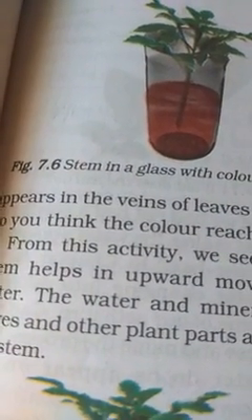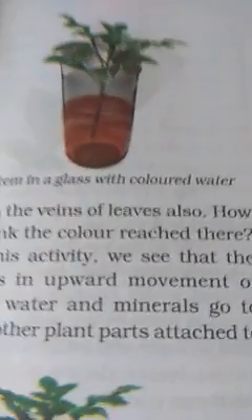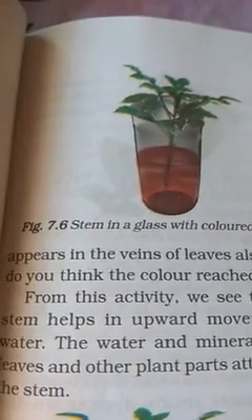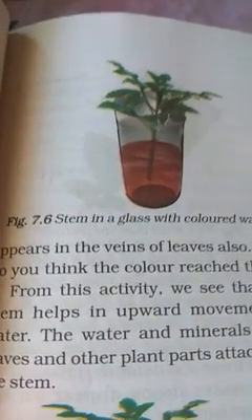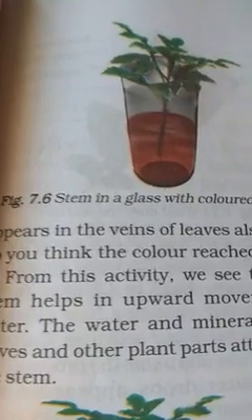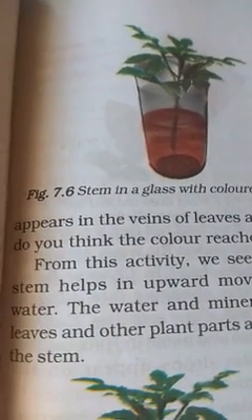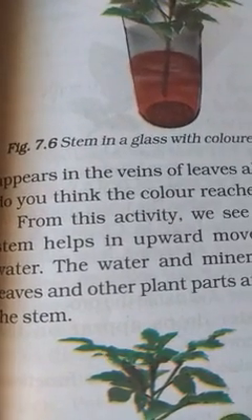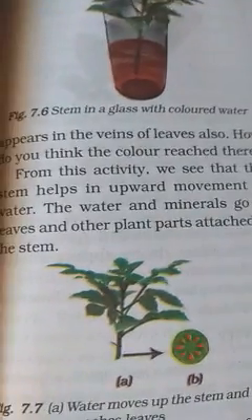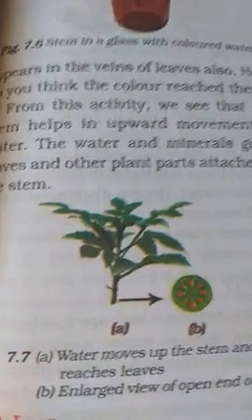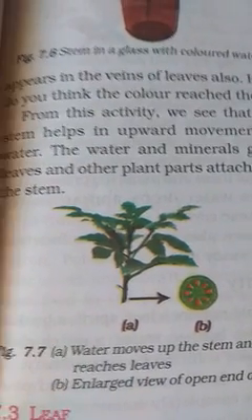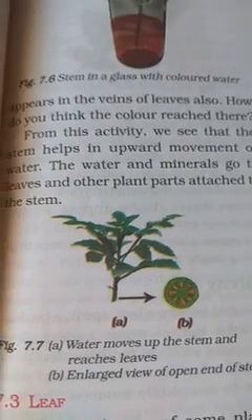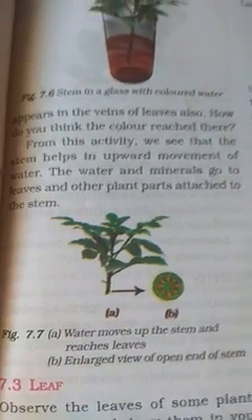If it is kept for a longer period, the color appears in the veins of the leaves. So how is the color transported in the plant? Definitely the transportation is carried by the stem. So by this we come to know the stem transports the water and minerals from the roots to all the parts of the plant.